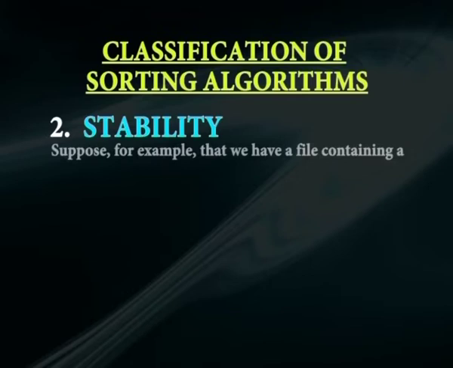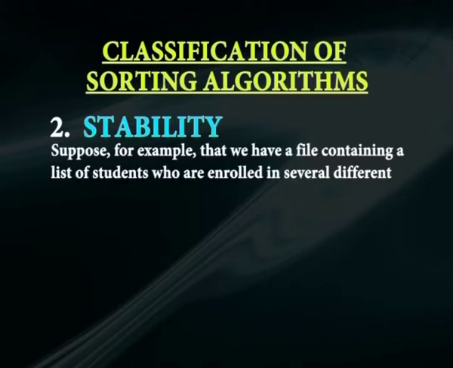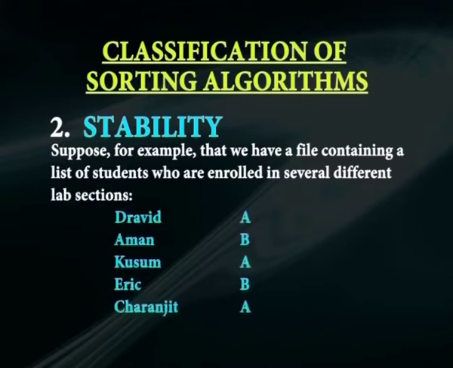But this will not happen if our second sort is a stable sort. Suppose, for example, that we have a file containing a list of students who are enrolled in several different lab sections. Say Dravid is in lab A, Aman is in lab B, Kusum is in lab A, Eric is in lab B, and Charanjit is in lab A.